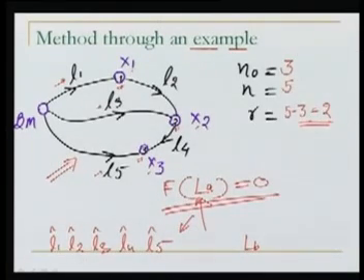In terms of these adjusted observations, we will now try to write the conditions. Can we see some condition here? If you follow the arrow, you start from the benchmark, go to point number 1, point number 2, and go back to the benchmark again.